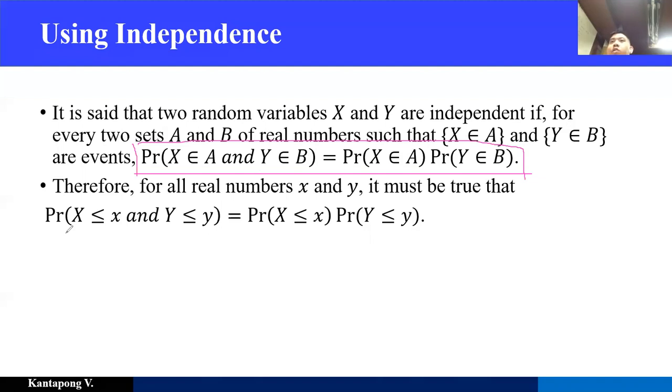This one is a simple corollary, because we can define A as minus infinity to x, and B as minus infinity to y, and this one is equal to this one. Very intuitive since we studied it in chapter 2 already.